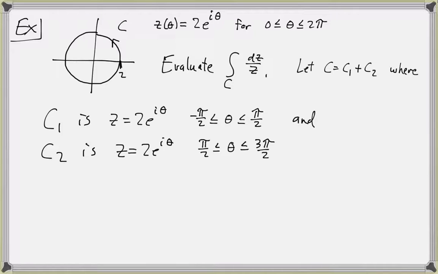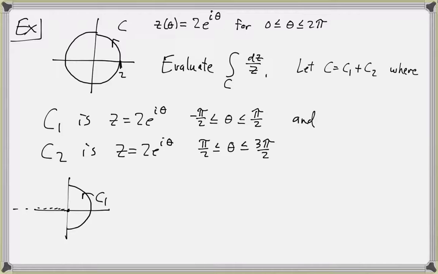So what we'll see is that along C1, we can use a branch of log that has a branch cut on the negative real axis. And so 1 over z has an antiderivative on this contour.